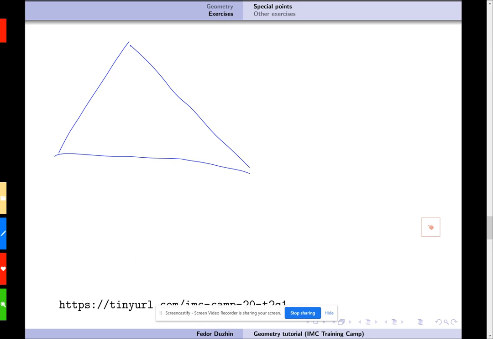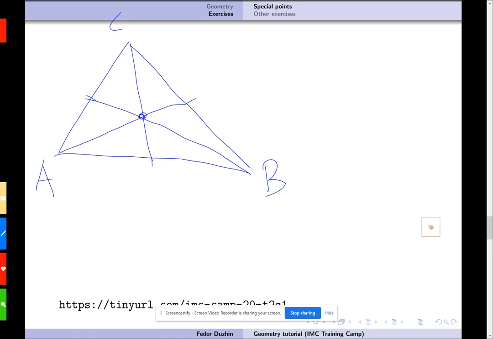So where is the center of mass here? Let me write this. This is going to be A, this is going to be B, this is going to be C. So this is the middle of AB, this is the middle of BC, this is the middle of AC. Now this is our center of mass, the centroid.